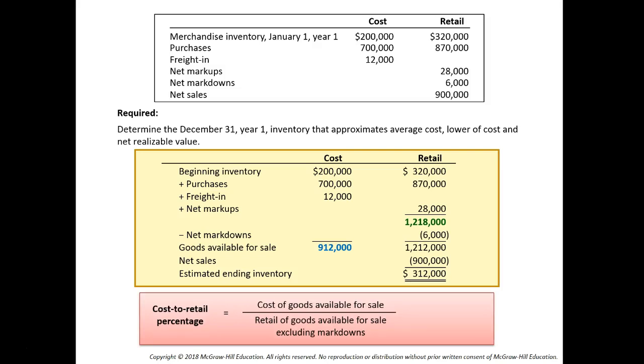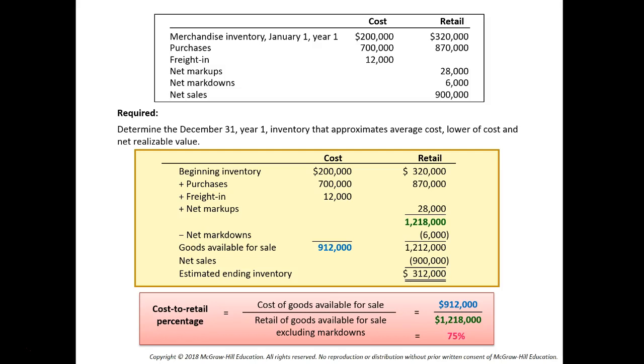Our cost to retail percent will be our cost of goods available for sale, the 1,212,000, divided by, cost of goods available for sale is the 912, divided by the retail of goods available for sale, excluding markdowns, is the 1,218 because we keep out the markdowns.